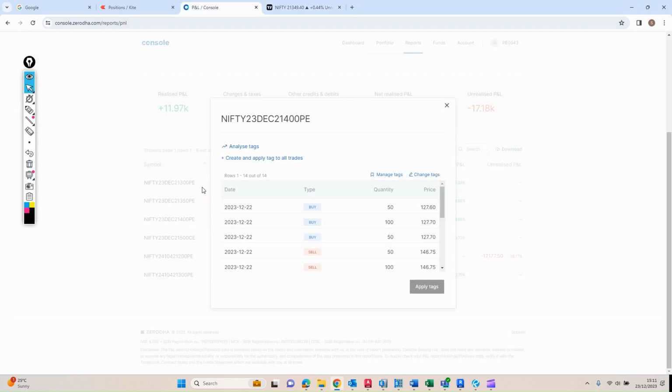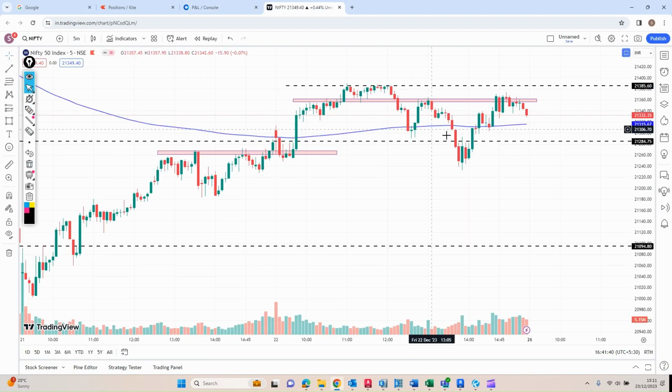If I show you the overall breakdown here, 127.7 was the average, and I squared off my position at 146.7, around 19 points of gain, and into 200, almost 3,800 was the profit from this trade. It was very quick, because there was a slight hold in this first session for around 3 to 4 candles of 5 minute time frame, but after that there was a swift momentum on the downside.